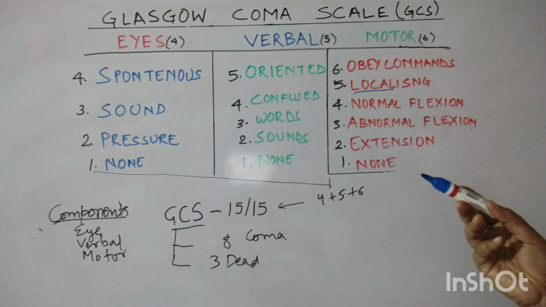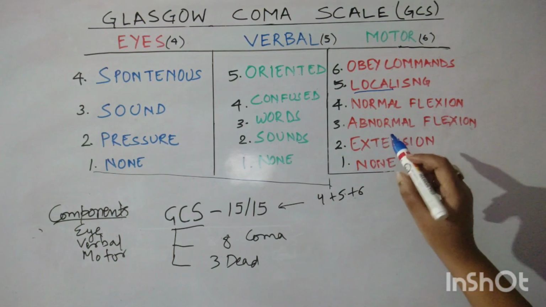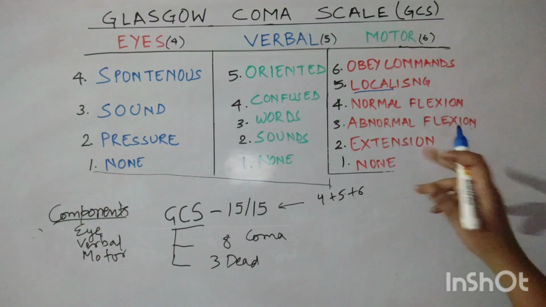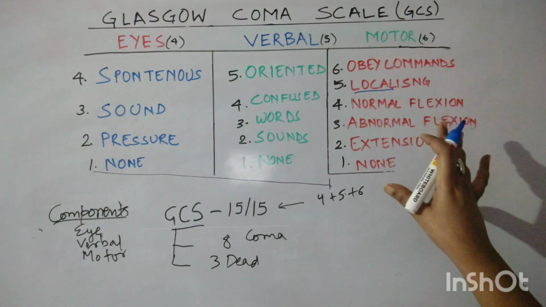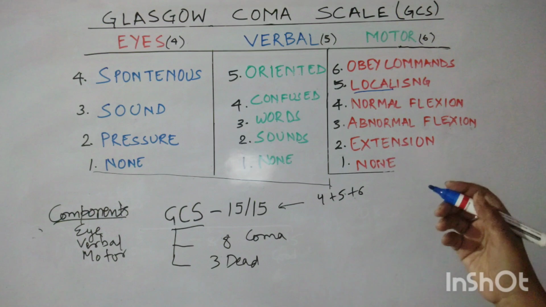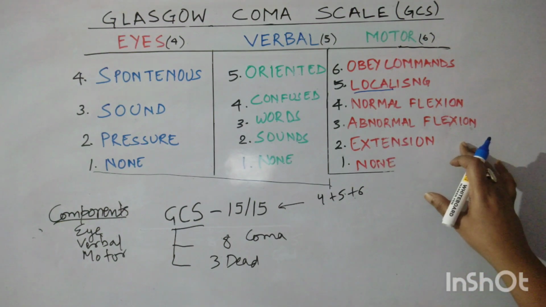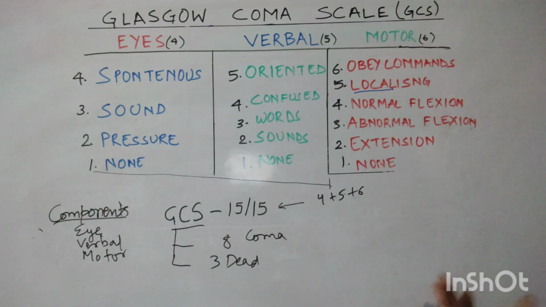If we ask the patient to lift his limbs, he will try to lift but there will be flexion, then we give him 4. After listening to the command, he tries very hard but lifts only slightly, with very little flexion, then we say abnormal flexion. In spite of asking, the patient is not lifting but is just extending the limbs, that is extension, then we give score 2.